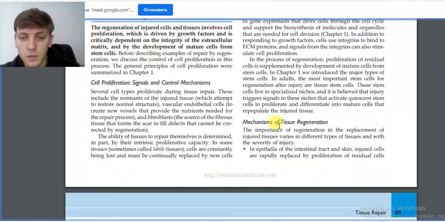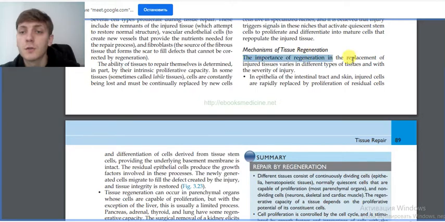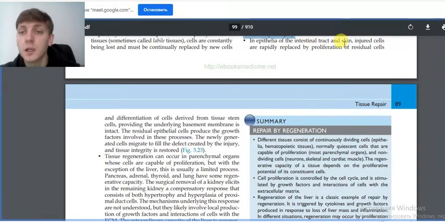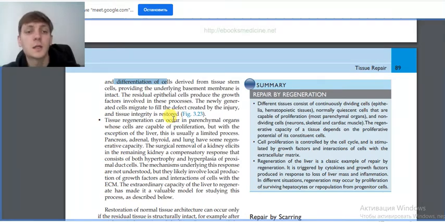So, the mechanism of tissue regeneration. The importance of regeneration in the replacement of injured tissues varies in different types of tissues and with the severity of injury. In epithelia of the intestinal tract and skin, injured cells are rapidly replaced by proliferation of residual cells and differentiation of cells derived from tissue stem cells, provided the underlying basement membrane is intact. Those are epithelial tissues, labile cell populations of course, and newly regenerated cells migrate to fill the defect created by the injury, and tissue integrity is restored.